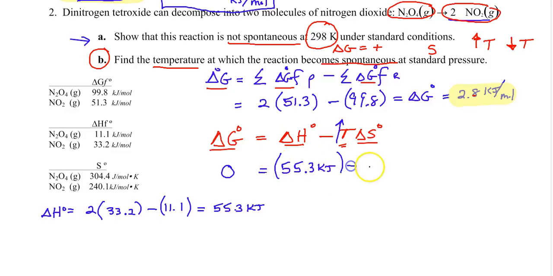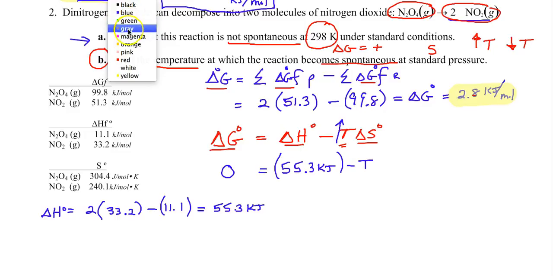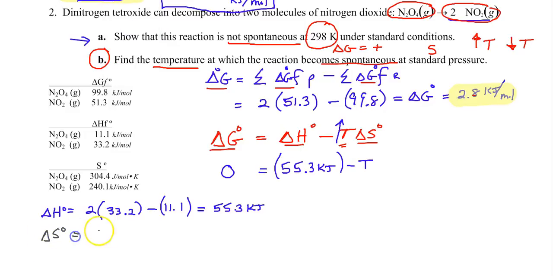We're going to minus the T, and then we're going to have our delta S. Well, delta S, same way. Delta S, it's going to be the products, so 2 times, and now notice the units here. Oh, bad. This should be in joules.